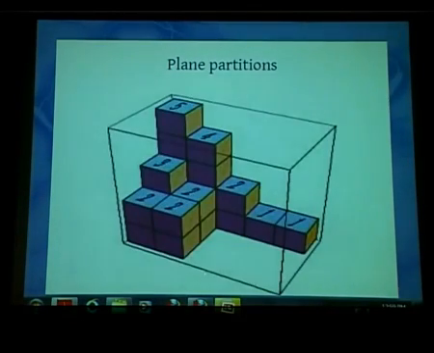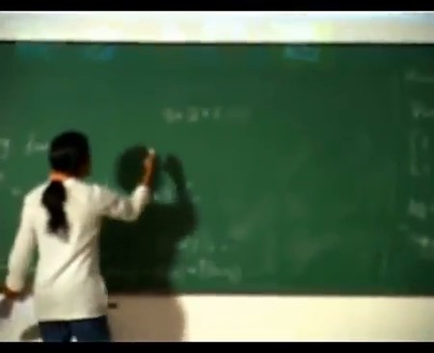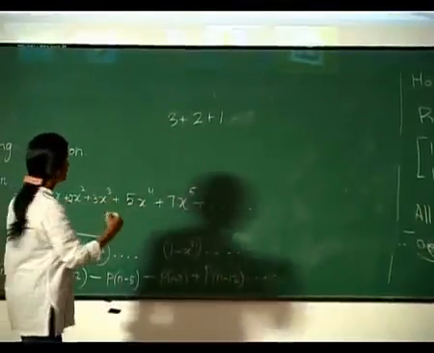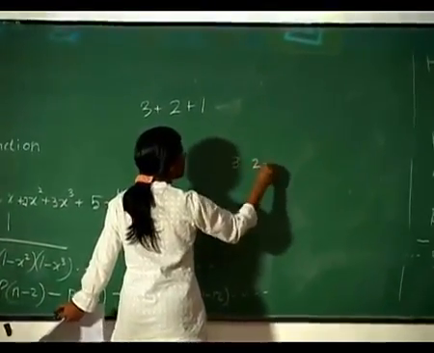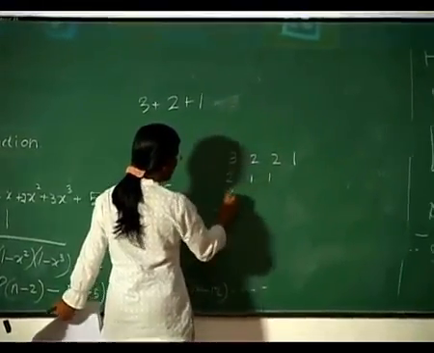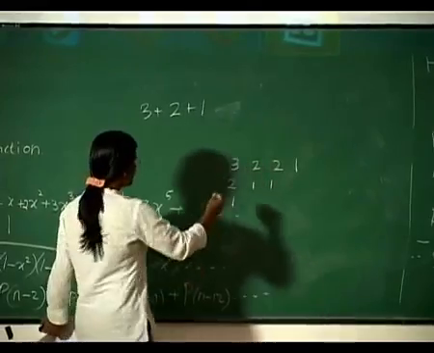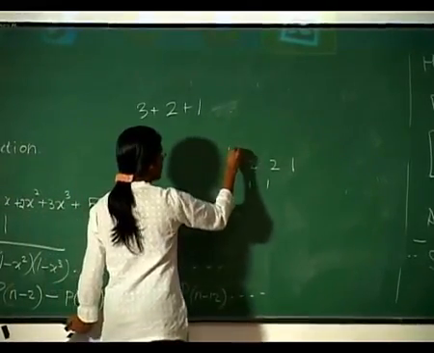Now the partitions we have seen are a plain one dimensional thing. So this is plane partitions. Already we have partitions like this, but now we have plane partitions, which are arrays of integers like 3, 2, 2, 1, something like 2, 1, 1, 1. What it means is you can stack cubes.